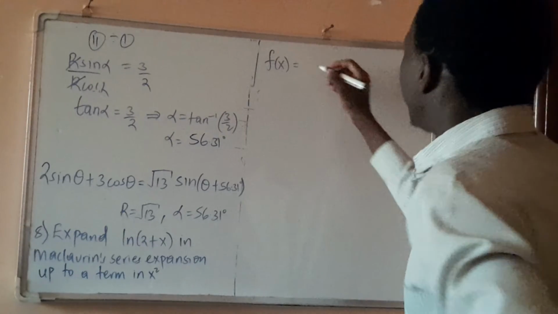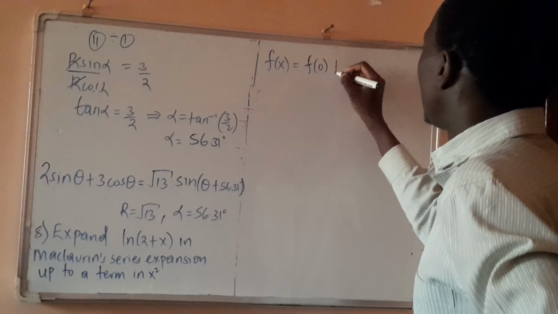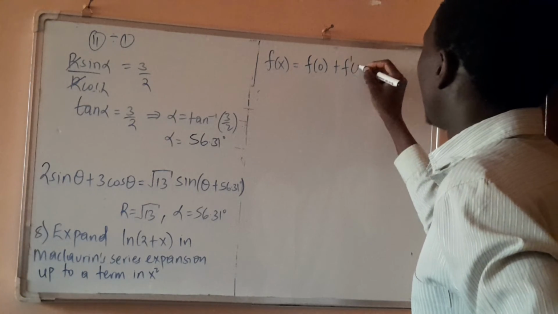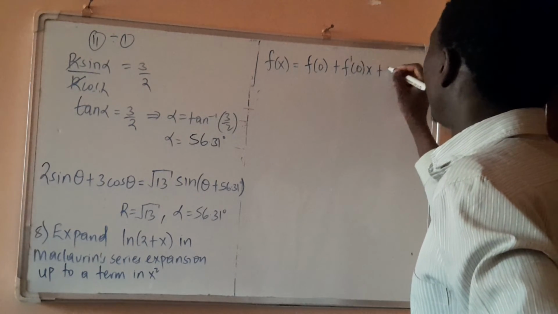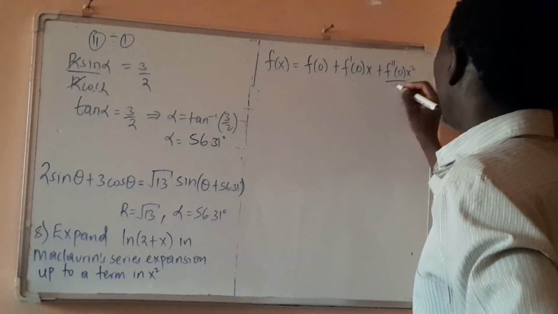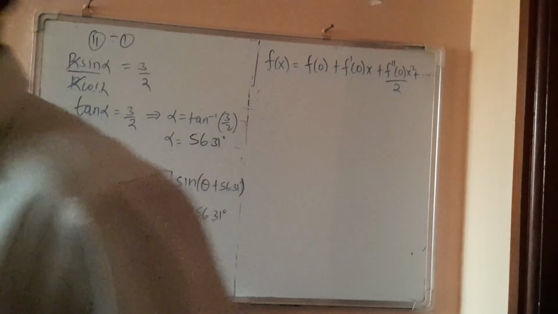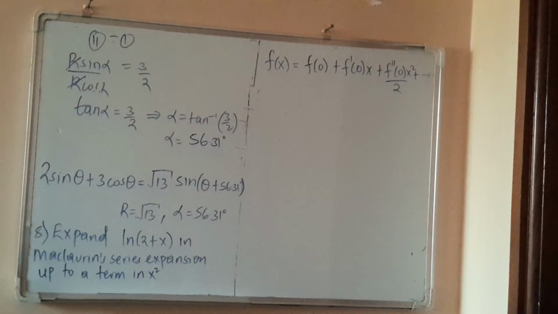So this is f(0) plus f'(0) x plus f''(0) x squared over 2 plus. Now you need not cram that. The formula is there in the logbook, in the mathematical tables.